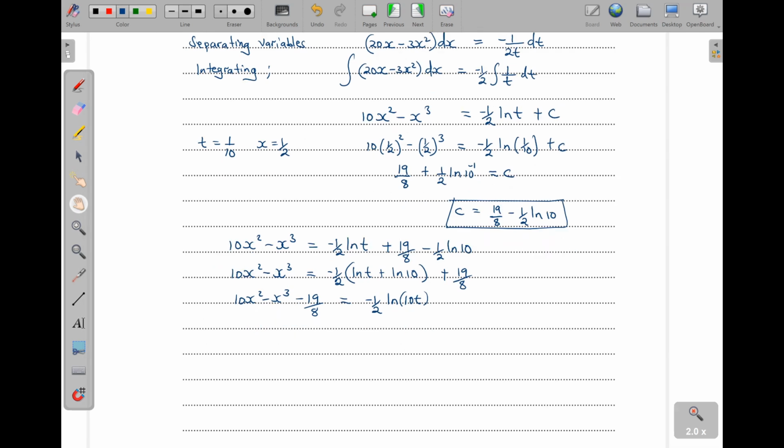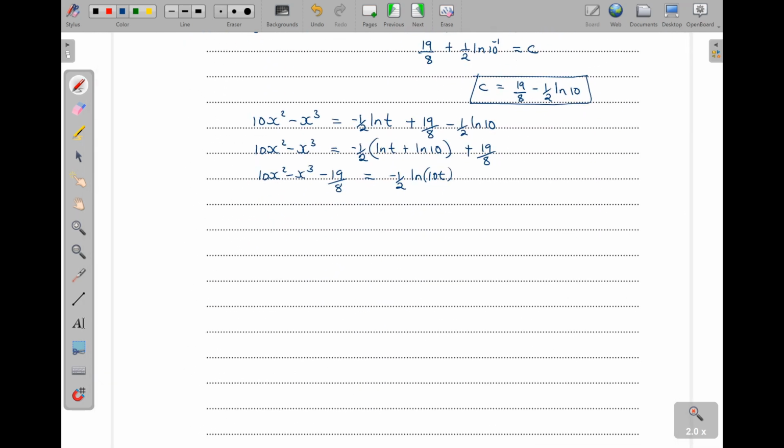And then after that, I can multiply all through by that 2 there, okay? We can multiply all through by negative 2, such that we take this one away from this side, okay? So here we shall have negative 20x squared. This is positive 2x cubed, okay?